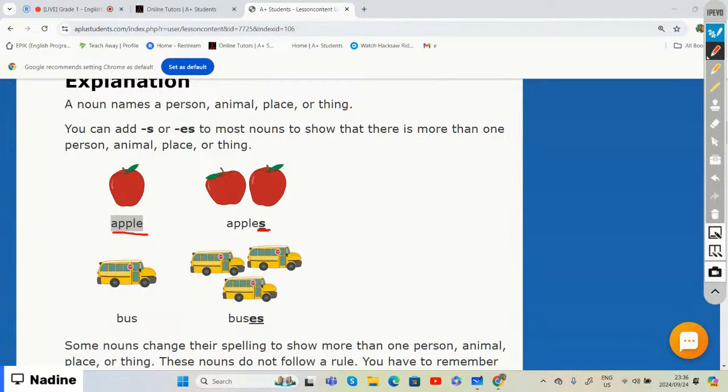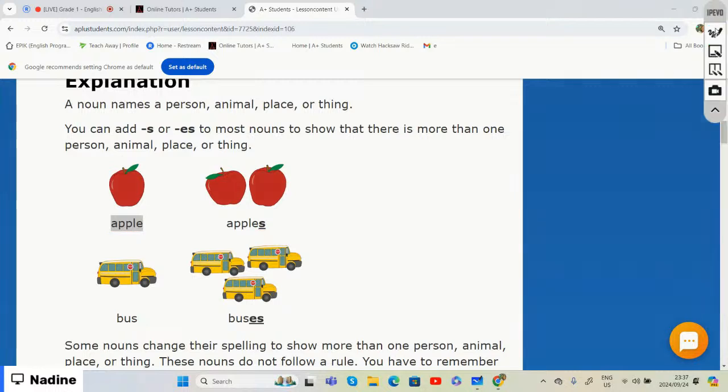Same with bus. There's one bus, but if there's more than one bus, then we say buses. And as you can see, what did we add to that word? We added es. So you can either add s like apples or es like buses to show that there's more than one person, animal, place, or thing.